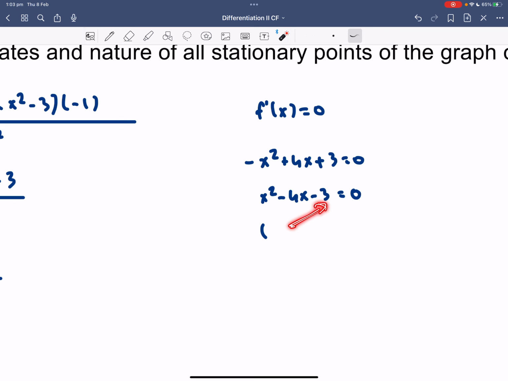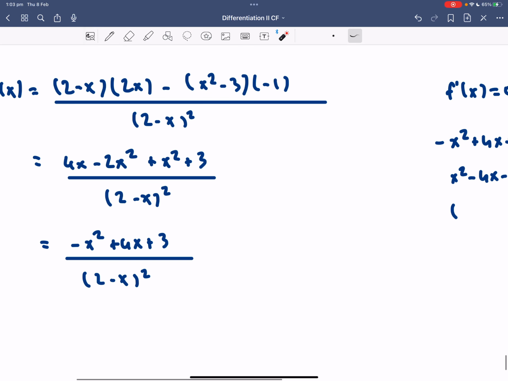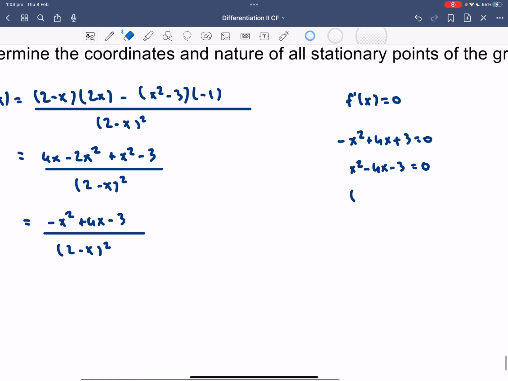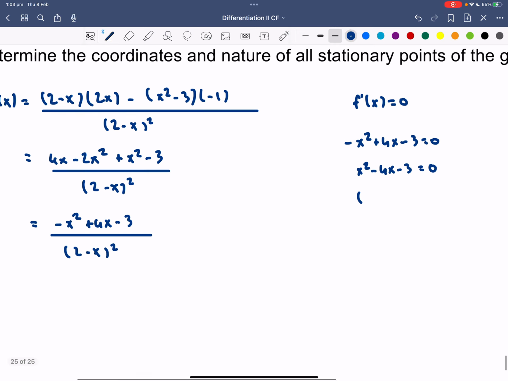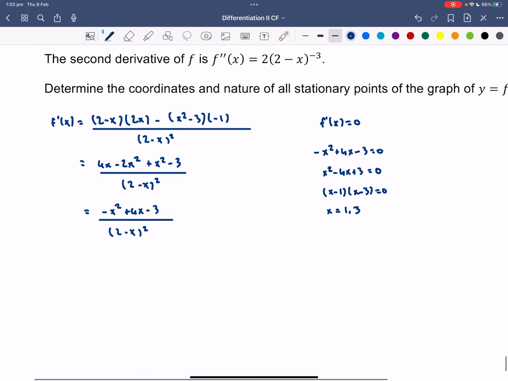I don't know any numbers that multiply to give minus 3 but add up to give minus 4. That made me go back and realize I must have made a careless error. So this should be x squared take 3. Okay, that's better: x squared take 3 makes this plus 3, which makes this so much easier. What numbers multiply to give plus 3 and add up to give minus 4? That would be minus 1 and minus 3. X is 1 or 3.